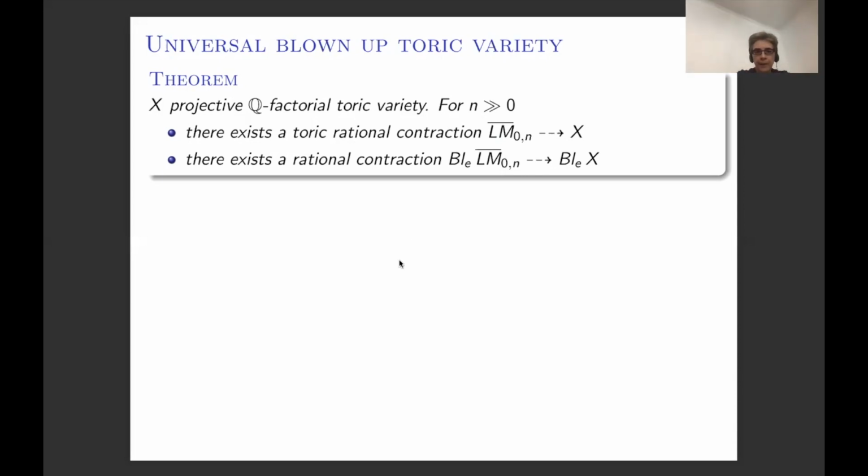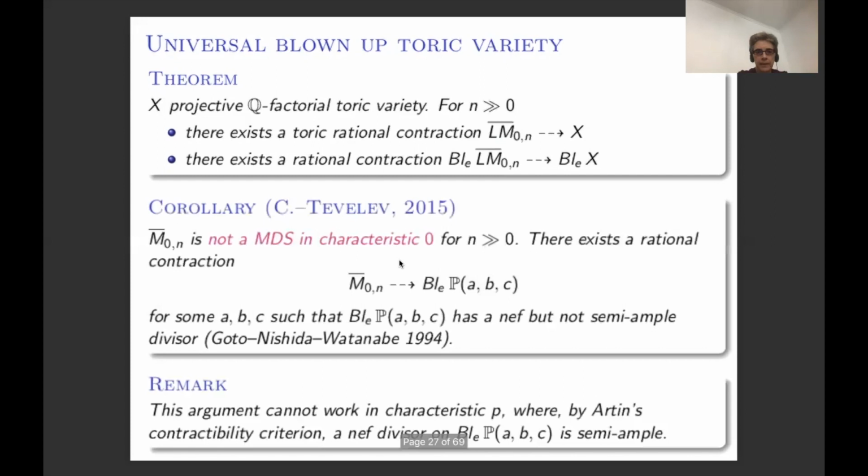So as an application of this theorem, this is how with Zhenya we proved that M0n bar is not a Mori dream space in characteristic 0 when n is sufficiently large. This is because there is a rational contraction from M0n bar to the blow up of a weighted projective plane, so a toric surface in particular, with weights carefully chosen.